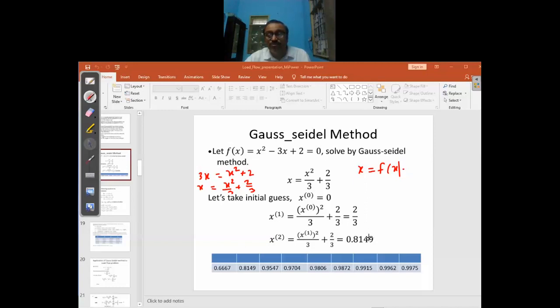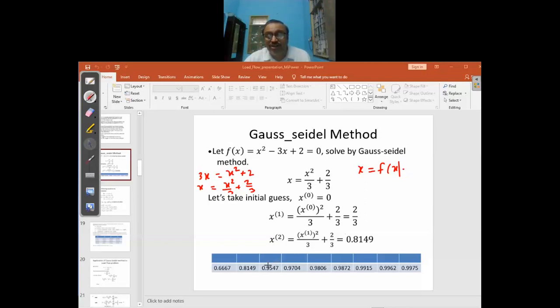Again, I substitute this 0.8149 in this expression. So in the third iteration, I get x is equal to 0.8149 square divided by 3 plus 2 by 3. So I will get 0.9537.